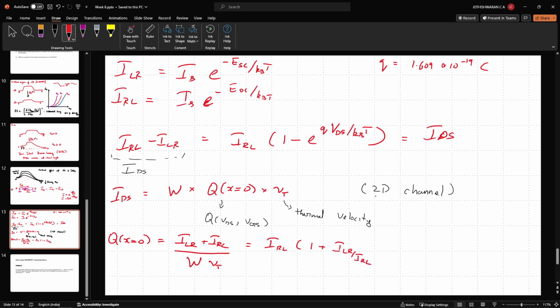Now I know this quantity because I've already derived that value here. Whole divided by W times Vt. Now I can substitute this value into this. So what we will get is, should I use W? Oh, no, I don't have to use W. Here it's only divided by Vt, if I'm right.